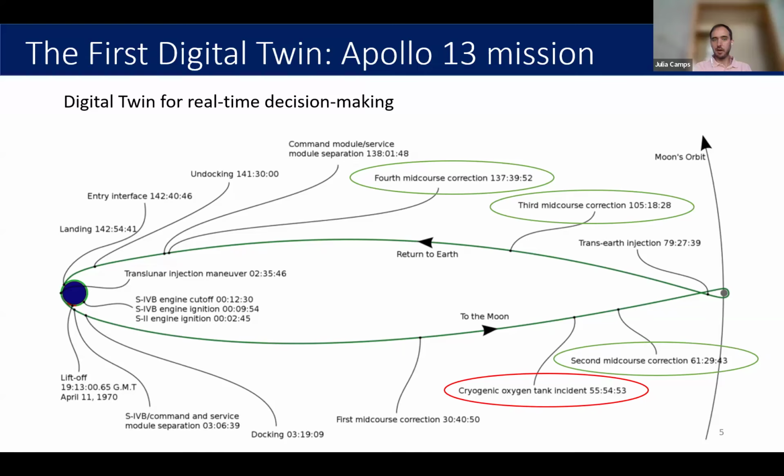So it had a physical asset, it had a virtual model, it had real-time data simulation, and it was being used for decision-making in a way that it altered the state of the physical asset, and then the virtual environment had to be re-updated. So there was a continuous connection between the physical asset and the virtual environment that was unique to this physical asset because it had been damaged. So it was not a generic connection, right?